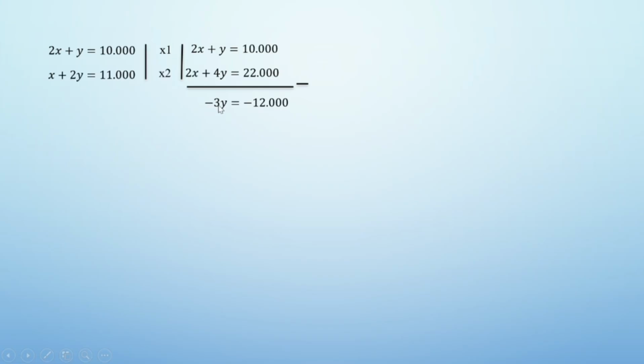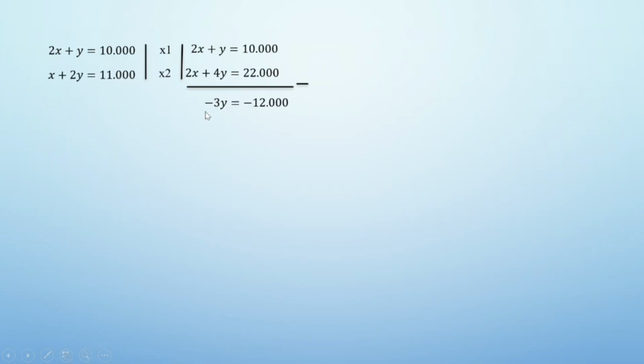So 22,000 subtract 10,000 equals 12,000. So the result is 3y equals 12,000.